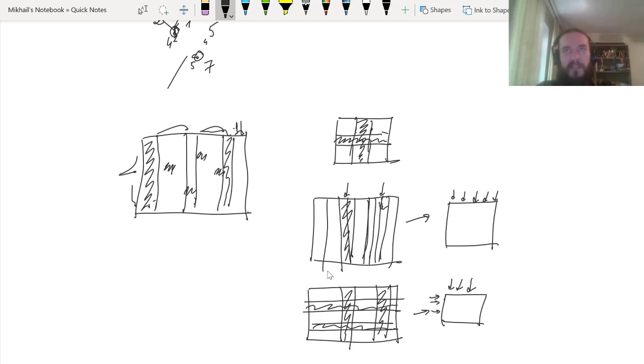We look at the final configuration, we look at the set of unbroken rows and columns. This is uniquely determined for each final configuration, and then we have some of the conditions.